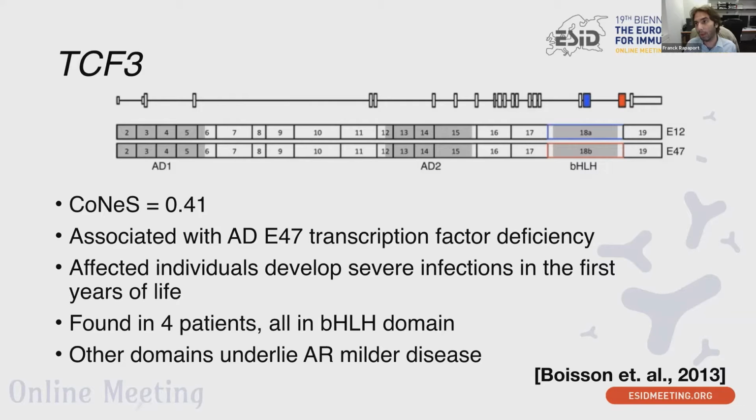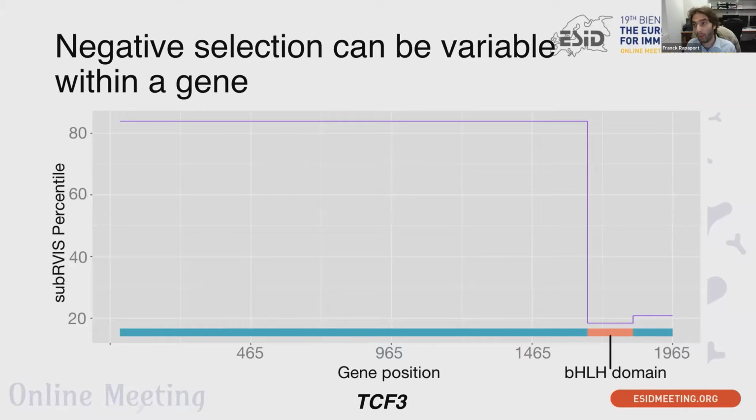So we wanted to see why, and it turns out that the autosomal dominant form of the disease has been found in 4 patients, but they all are mutated in the same domain of the gene. Another domain underlies a recessive disease that's milder. So what we found out, using subaris, which is a domain-based version of negative selection, is that this gene is not under selection for most of the domains, right?